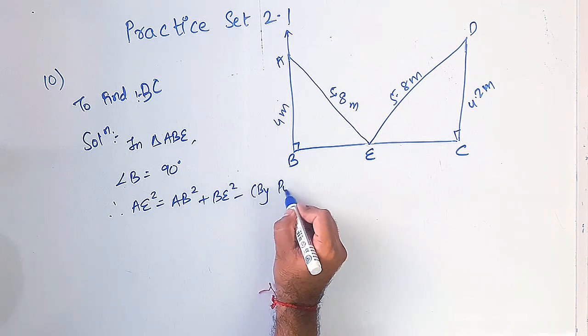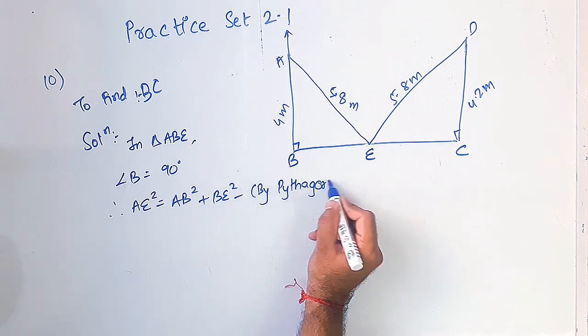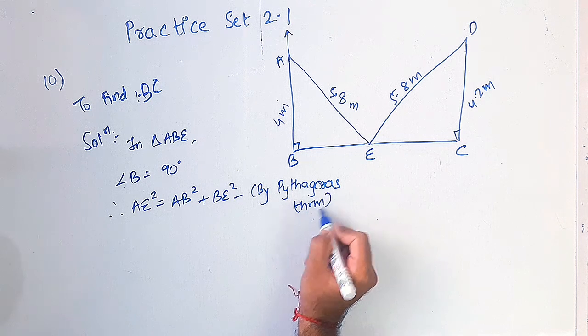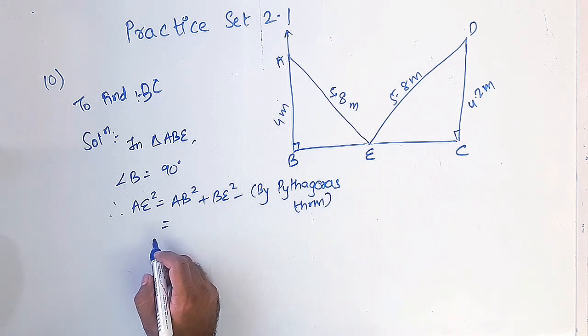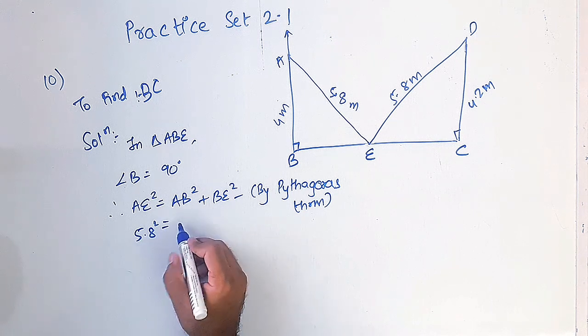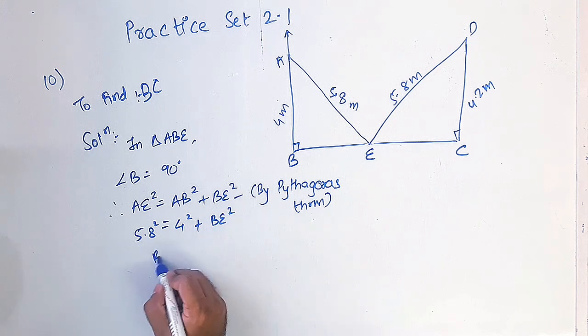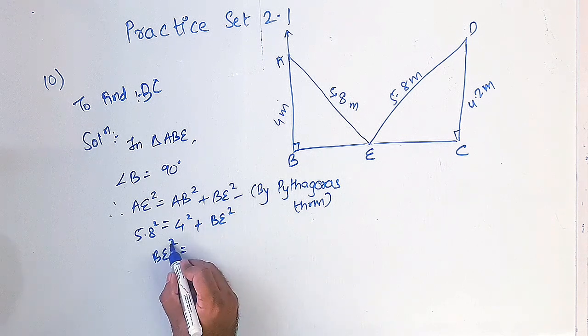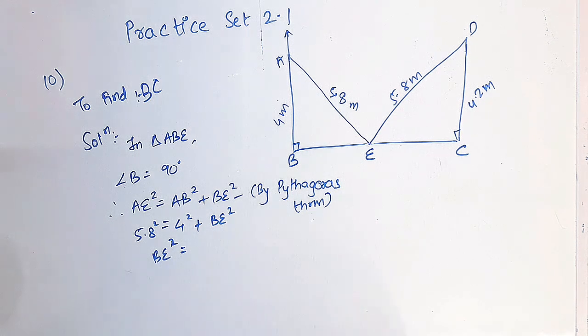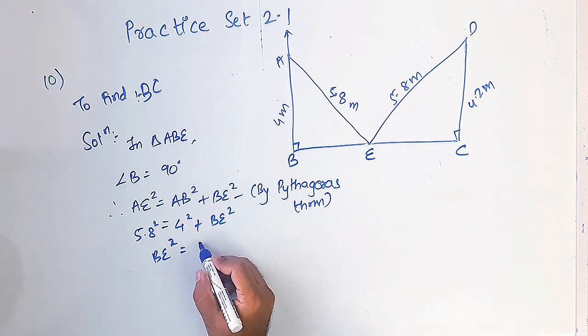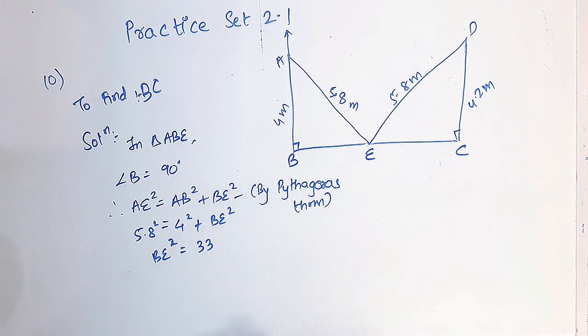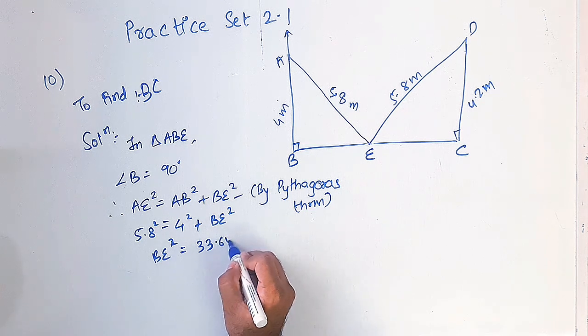This is by Pythagoras theorem. So AE square is 5.8 square, AB square is 4 square plus BE square. BE square is equal to 5.8 square, which is 33.64, minus 16.